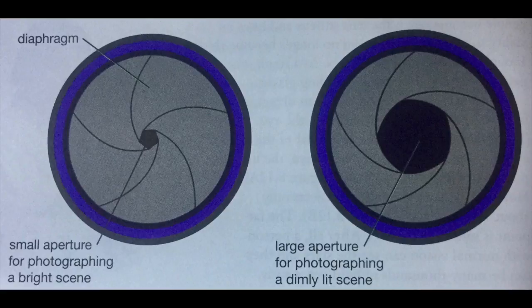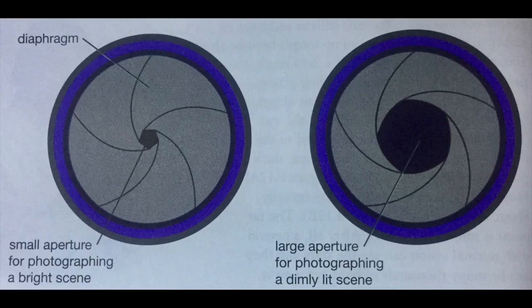Bringing in the light. If you are photographing a scene and a cloud suddenly covers the sun, the brightness of the scene decreases. As a result, the amount of light reaching the film decreases. If the light is too dim, the film will not receive enough light to record the image clearly.